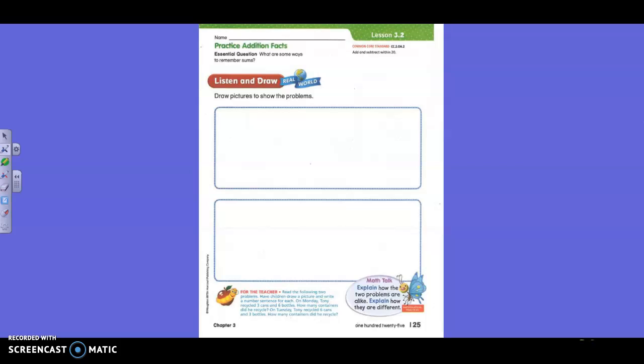Okay, here's what I would do. We're going to draw a picture of 3 cans, so I might just do 3 boxes. Okay. And 6 bottles, which I'm just going to make be like tall ovals.